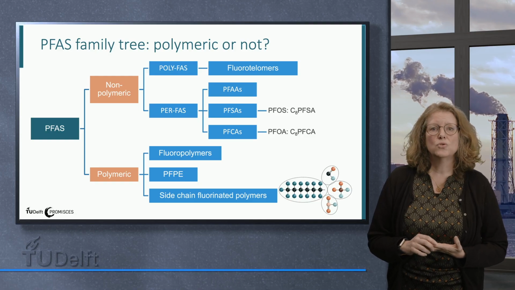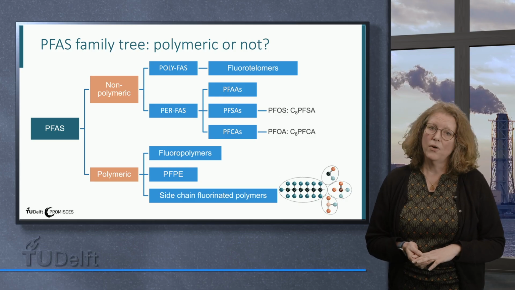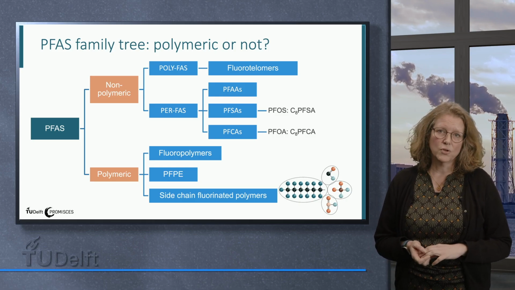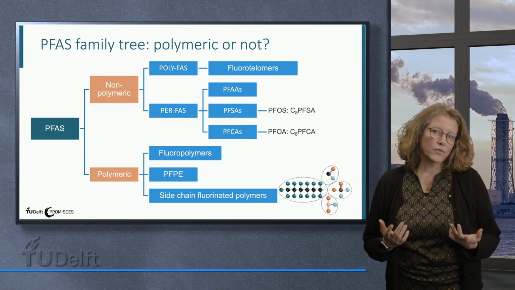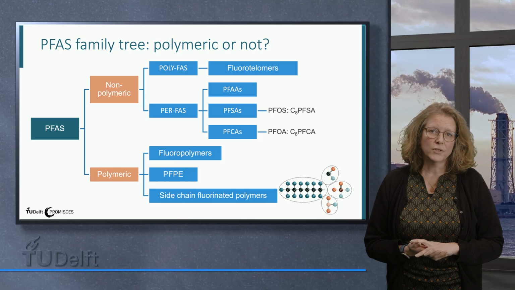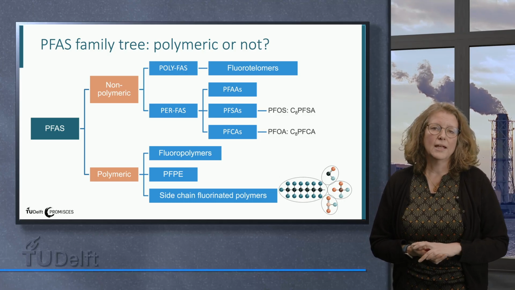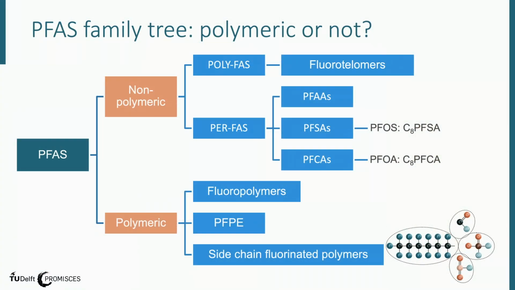Here we also list two very infamous chemicals, PFOS and PFOA. PFOA is very widely applied in household products and forms the base of the polymeric Teflon. PFOS has been around since 1949. That was the key ingredient of a fabric protector and related stain repellents. These two chemicals are to date found literally everywhere. In the overview, you can see to which category they belong in the PFAS family.